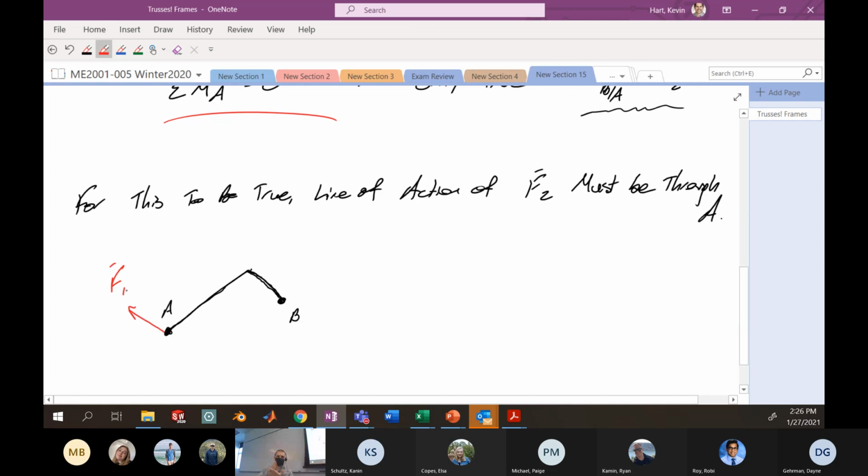The first restriction that I have, if this thing is going to be in equilibrium, is that the line of action of F2 must be along the line that connects A and B. So if we think of this dotted line as the line of action that connects points A and B, and the sum of my moments about A has to be 0, which is what we're enforcing for equilibrium, then F2 must be on this line of action, either in this positive sense or the other direction, the negative sense.